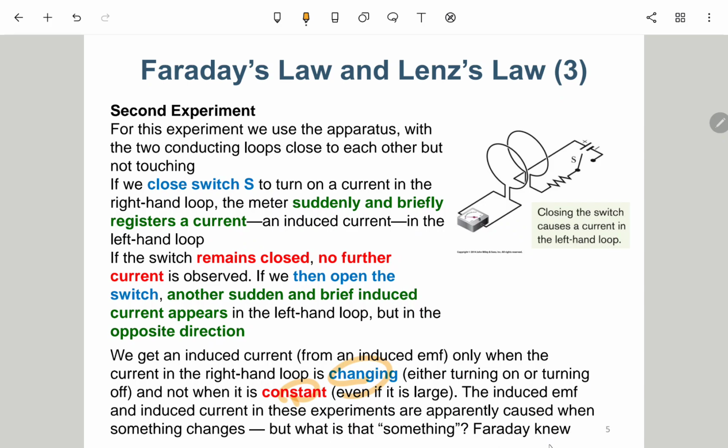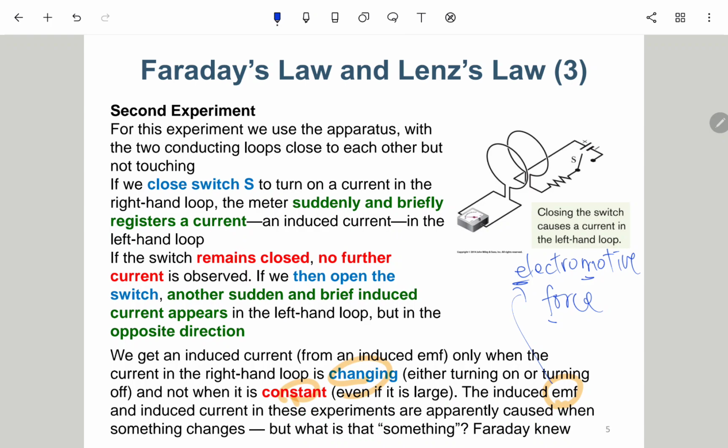Faraday knew. Maybe I have not mentioned what an EMF is yet. An EMF in long form is electromotive force. We just use the short form EMF here, electromotive force.